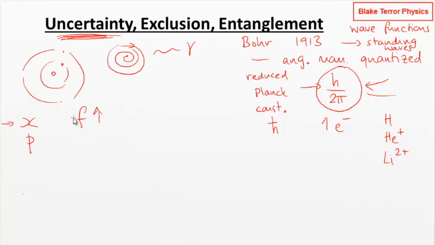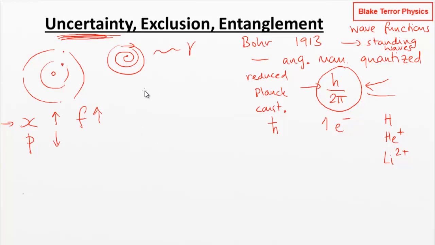But then a higher frequency photon has greater energy, and that greater energy causes a greater disturbance in the momentum. So we increase our accuracy of measuring position, but we decrease our accuracy of measuring momentum. That's the example that Heisenberg gave.